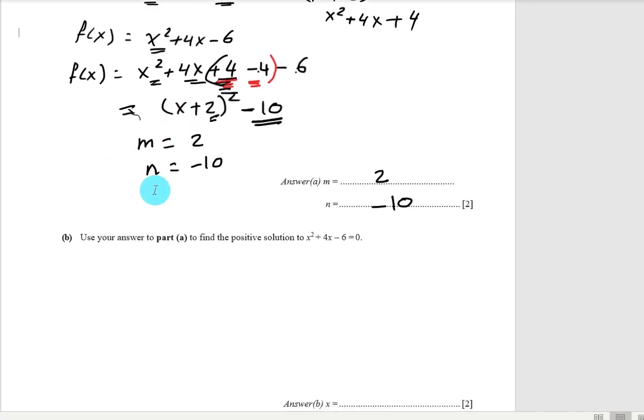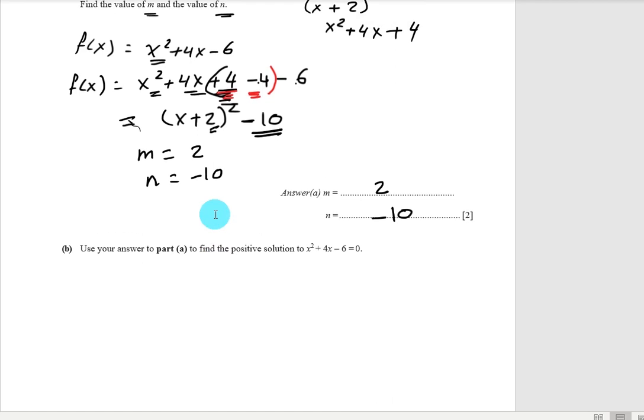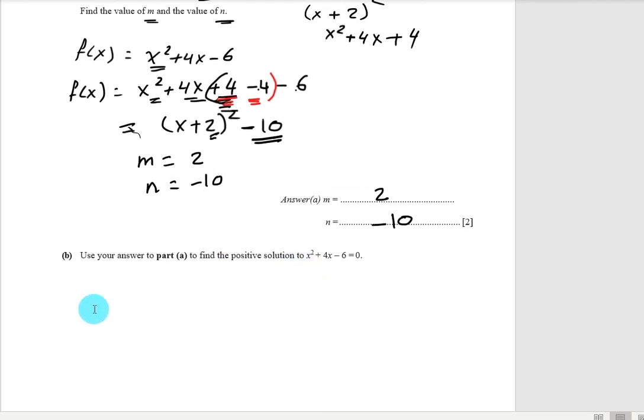Let us go ahead. Use your answer to part A. Find the positive solution of x squared plus 4x minus 6 equal to 0. We need to find the solution using the same equation. So f of x, let me repeat, is equal to x plus 2 squared minus 10. To find the solution, you need it equal to 0.